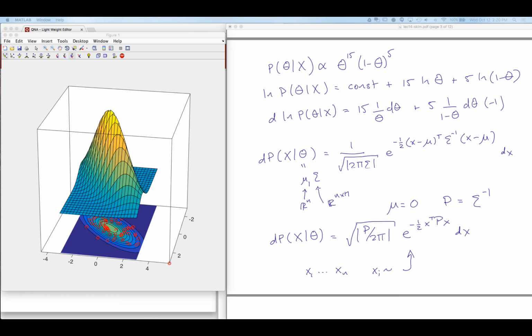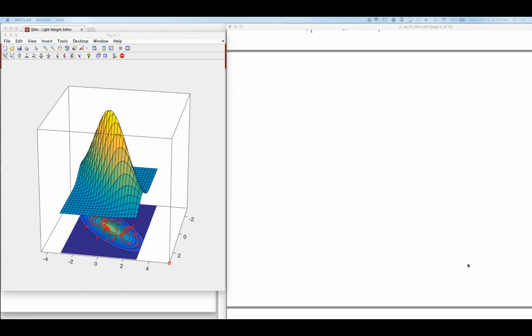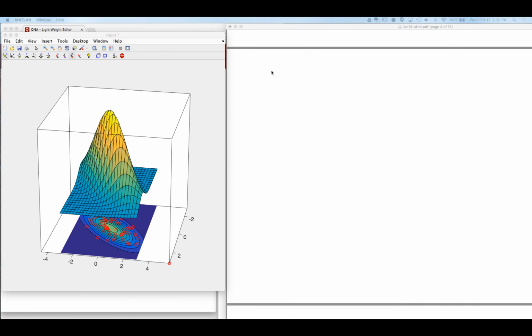A good example of a model like that would be, let's say that we're going to get some variables zi that are distributed as a normal distribution with mean mu and covariance sigma.